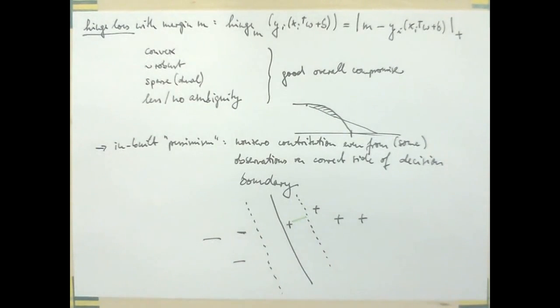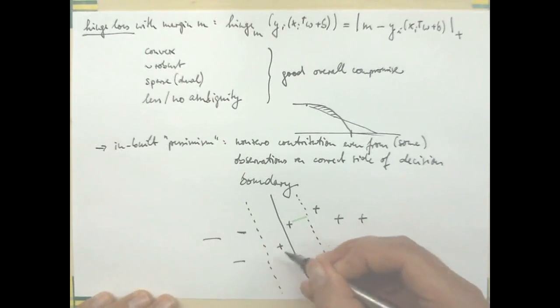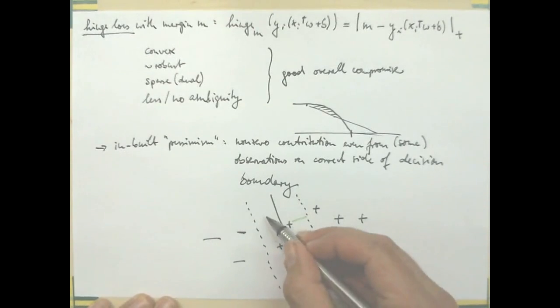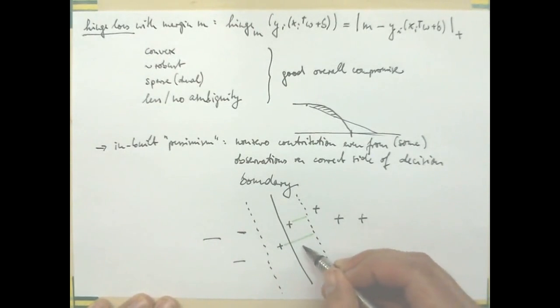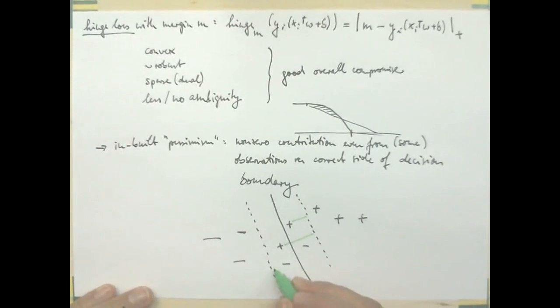Now, if the sample lies totally on the wrong side of the decision boundary, of course, we still get a penalty that's now even larger because our distance from the desirable margin has become larger, and so on. So we also penalize, of course, in a similar way samples from the other side.